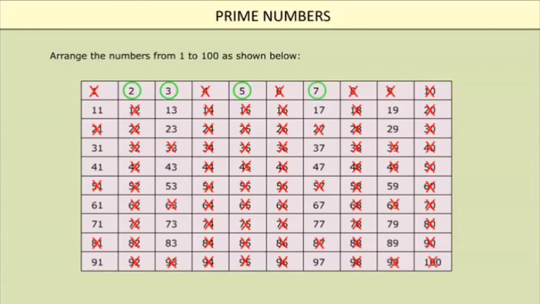Step 4. The next prime number is 3. Encircle it and then cross out all the numbers divisible by 3. For example, 3, 6, 9, 12, 15, etc. And the last step is step 5. Continue this process till all the numbers are either encircled or crossed out.